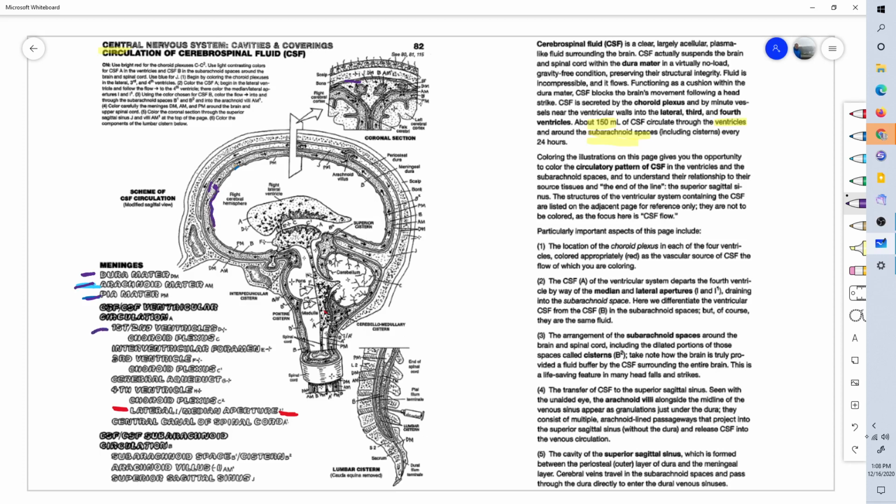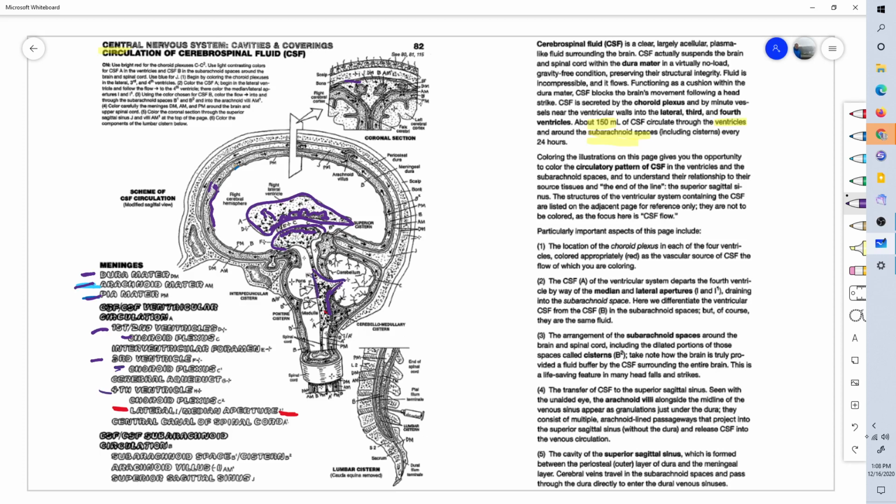The first and second ventricles are these lateral ventricles, the right and left ventricles. Choroid plexus, these structures here that create the CSF and dump it into the ventricles. The third ventricle, right here, also with a choroid plexus. The fourth ventricle right here with its choroid plexus as well.